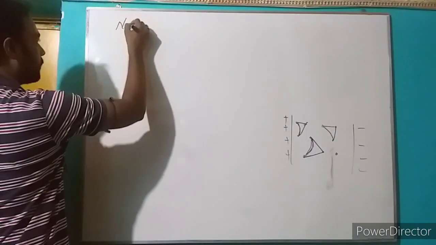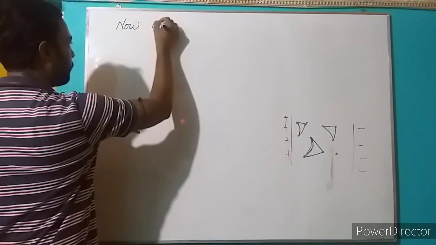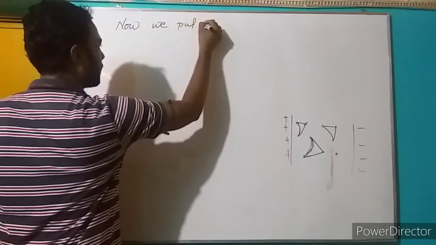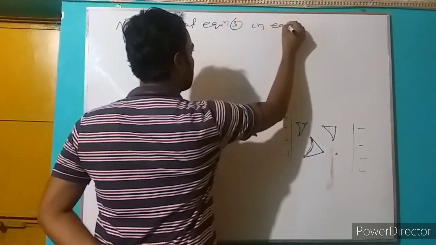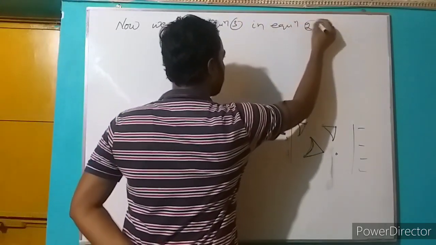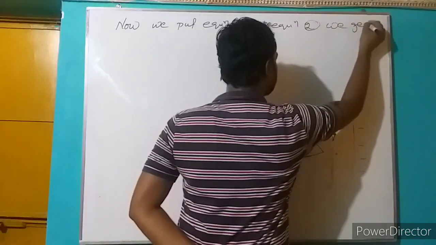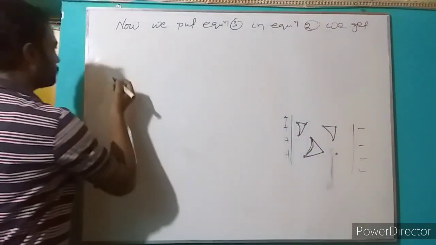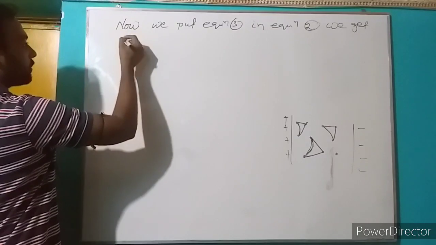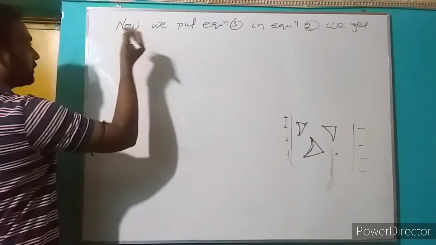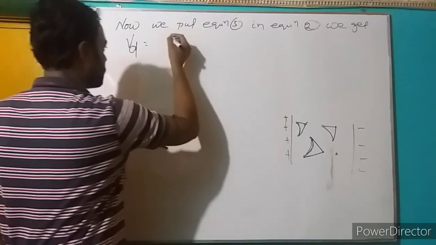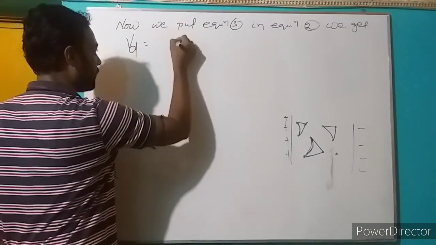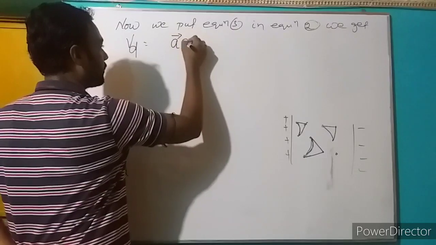Now we put equation 3 in equation 2 and we get: equation 2 becomes F equal to what? That means drift velocity Vd equal to A vector into tau.